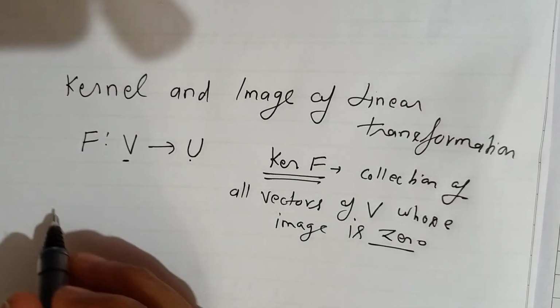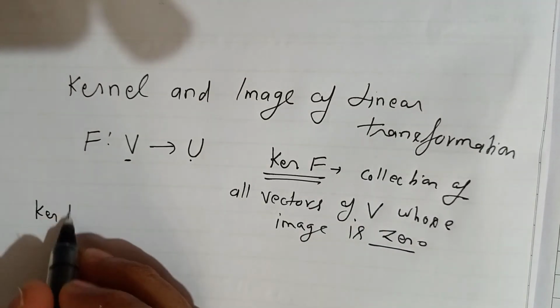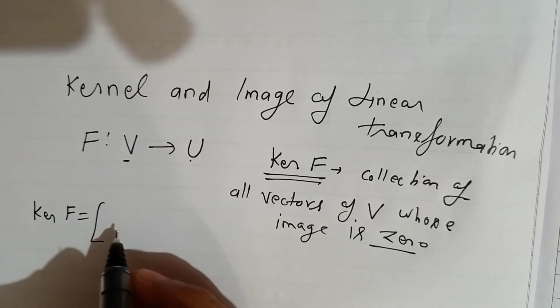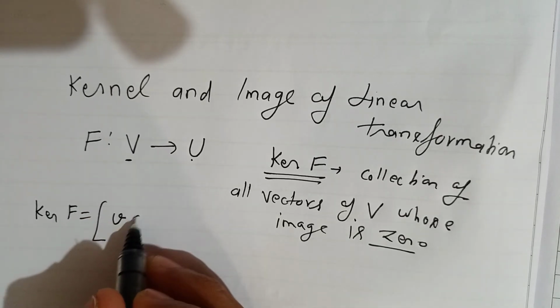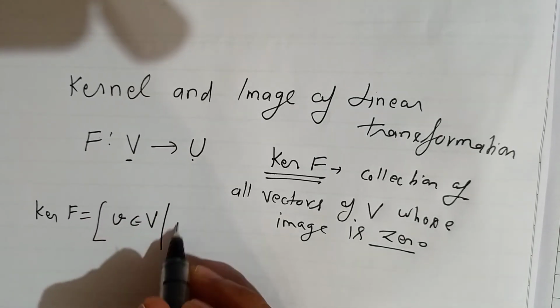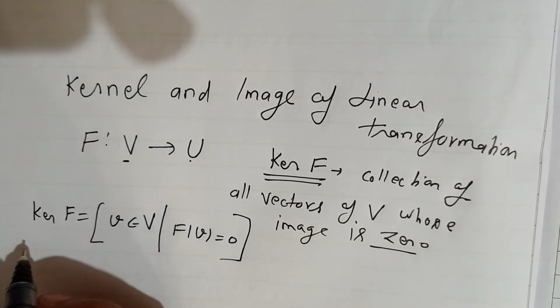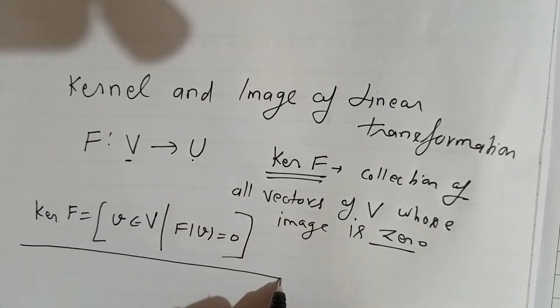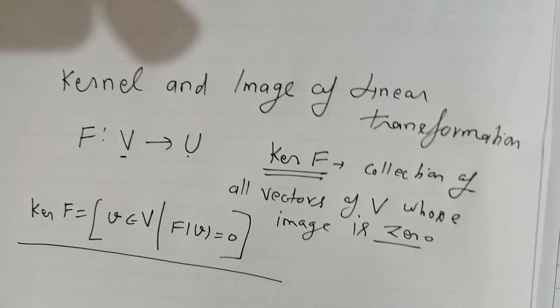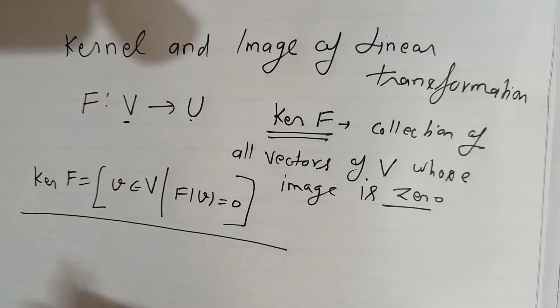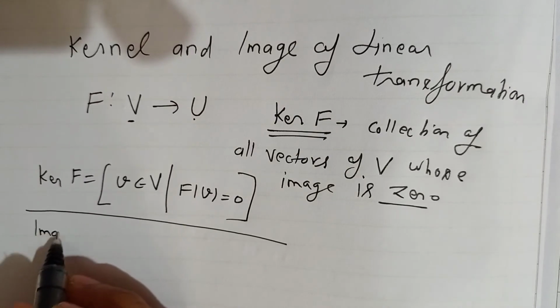Fine. So we can define it this way: kernel of f equals the collection of all the elements v of V for which f of v equals 0.